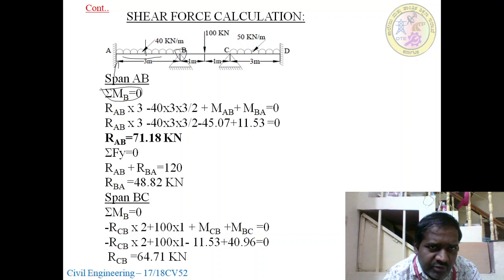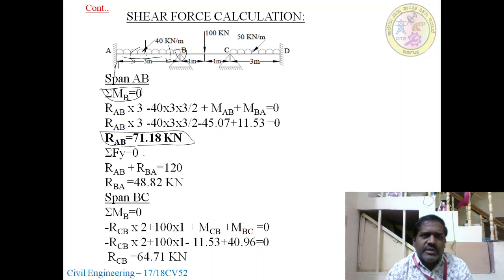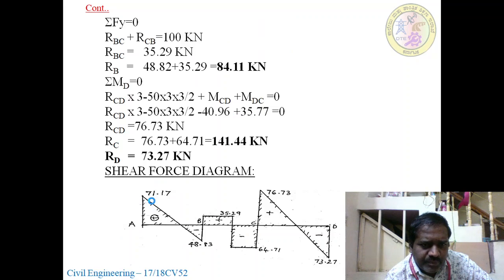Next 40 into 3 into 3 by 2 plus the moments MAB and MBA equal to 0. So you will get the RAB value. Then next, summation of FY: all the vertical forces should be equal to 0. So RAB plus RBA is equal to 40 into 3, 120. Already you have 71.18, so 120 minus 71.18, you will get 48.82 as RBA.